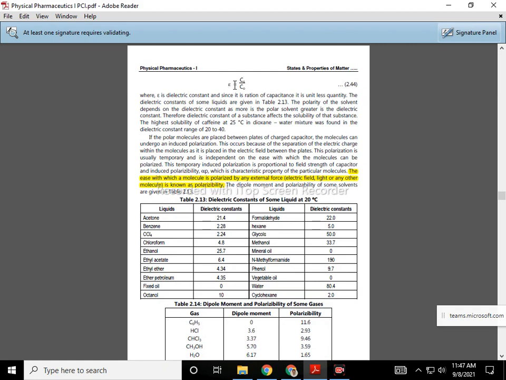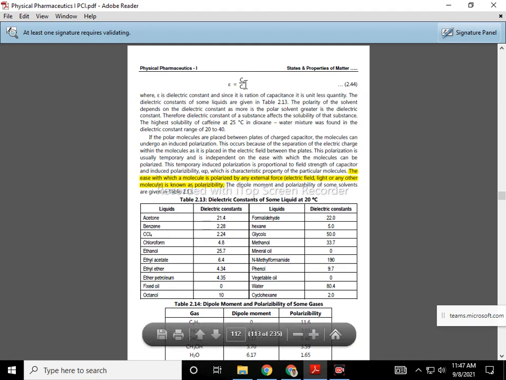Epsilon, in the top 2.44, is equal to Cx upon C naught. Cx upon C naught.